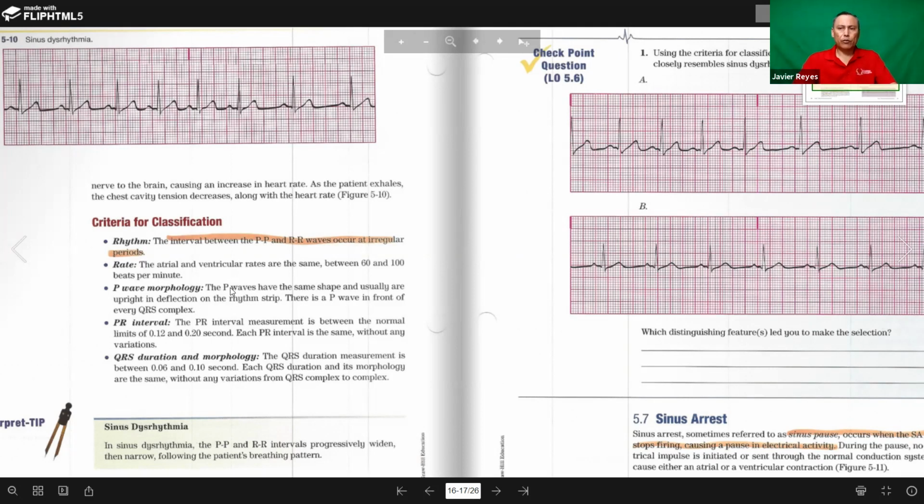The PR intervals should be the same because there is nothing blocking the signal from traveling down. So the PR interval is completely normal. And the QRS should be within 0.06 to 0.10. So nothing is interrupted. The only thing that is interrupted is the PP and RR waves that are not happening at regular periods. Again, it happens when somebody is breathing.